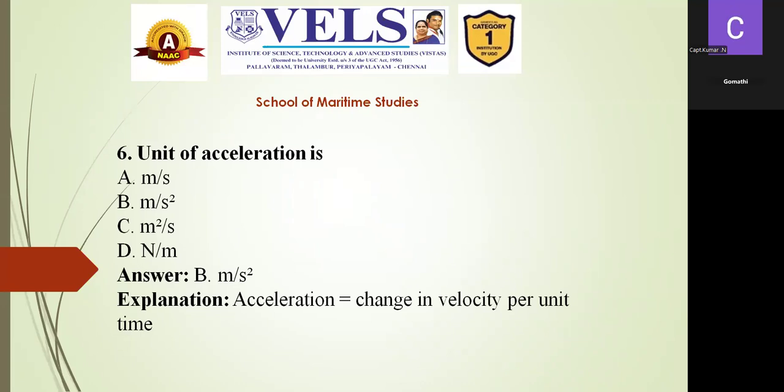To derive the unit of acceleration, for velocity we write the unit meter per second, then divided by time in seconds. So meter per second square, otherwise we can write meter second minus 2. This is the unit of acceleration.